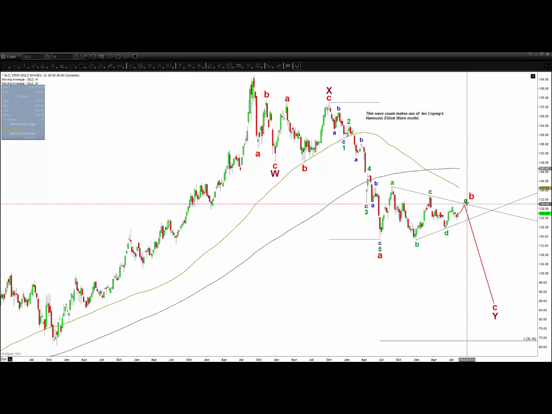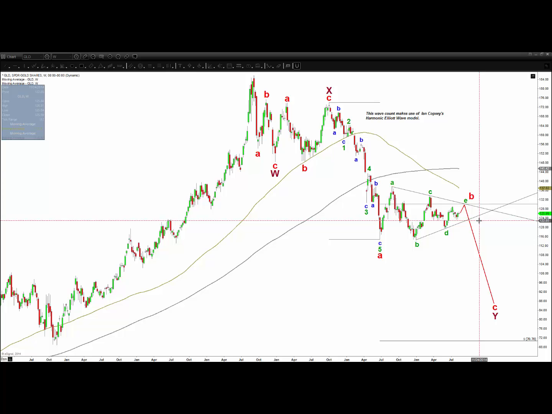Now, green wave A is supposed to run out of time upon reaching the AC line. Sometimes it overshoots it, sometimes it undershoots it by a small margin. The important thing is not to exceed the endpoint of wave C. You just cannot take it out, not even by a penny.